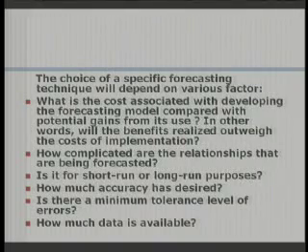Then how complicated are the relationships that are being forecasted? Is it for short run or long run purpose? How much accuracy is desired? Is there a minimum tolerance level for errors, and how much data is available to us?